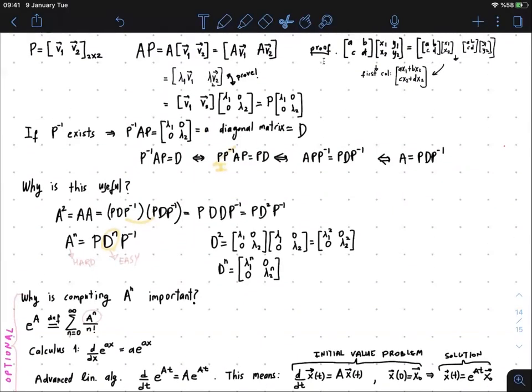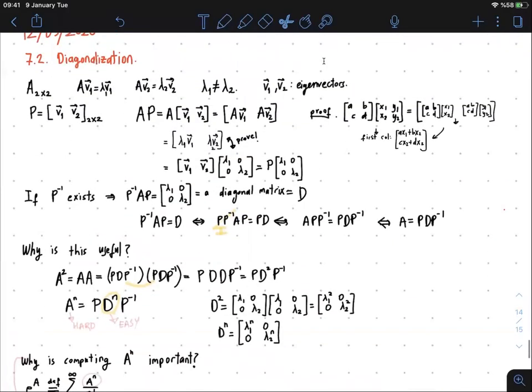finding a diagonalizing matrix is important. There's one step here which we went through very fast, and that step was this part. This was the important step. If P inverse does not exist, then I cannot multiply by P inverse, and I cannot find this diagonal matrix. So that's the important part.